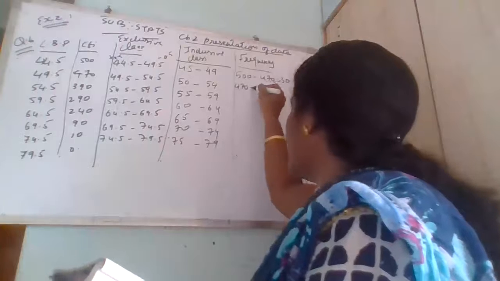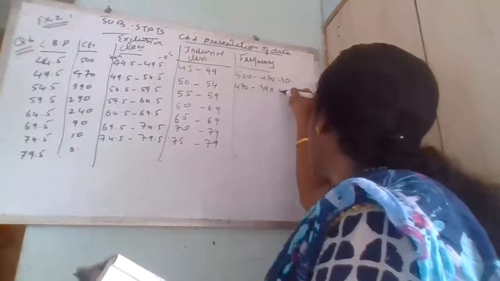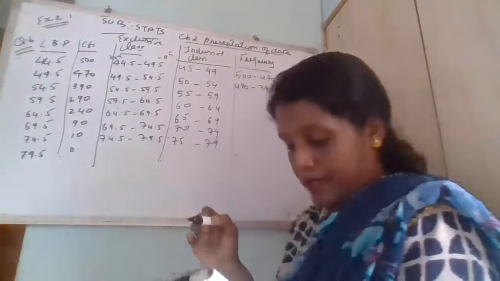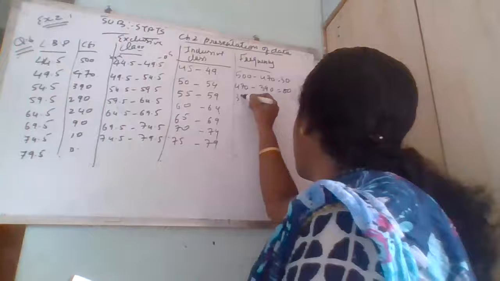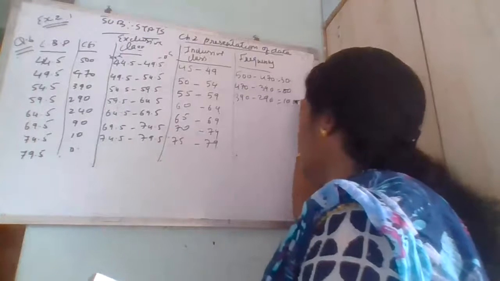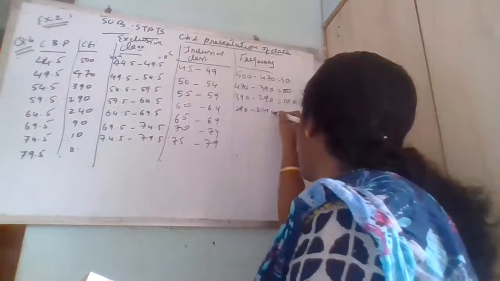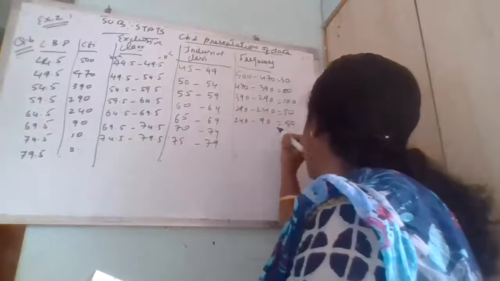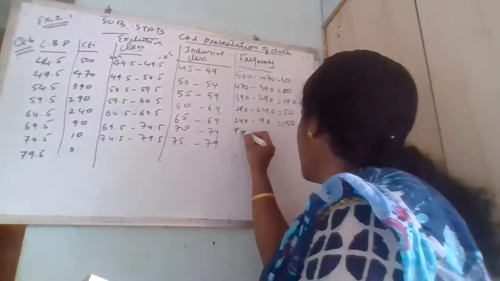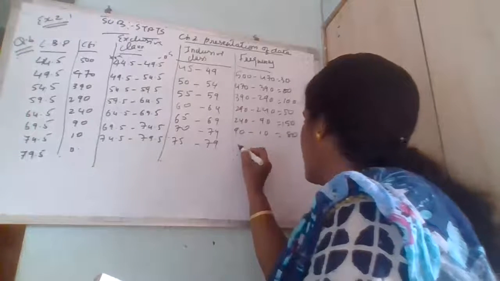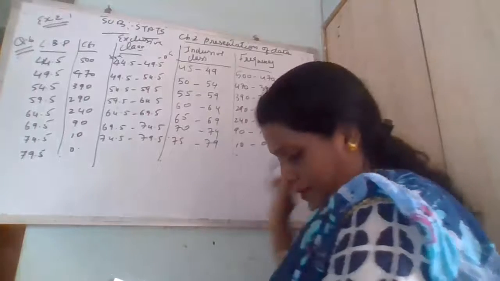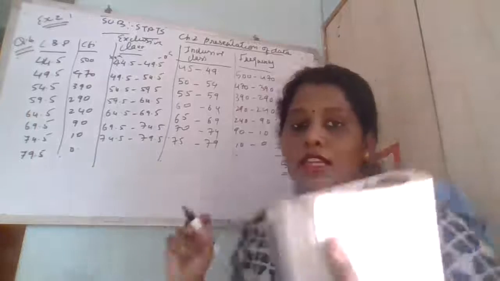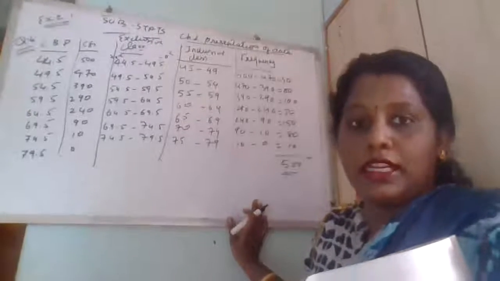Then 470 minus 390, that is 80. Then 390 minus 290, 100. 290 minus 240, 50. 240 minus 90, 150. 90 minus 10, 80. 10 minus 0, 10. Okay. So your total is 500. So this is the way you have to find your inclusive class.